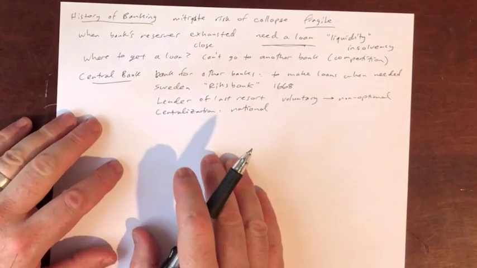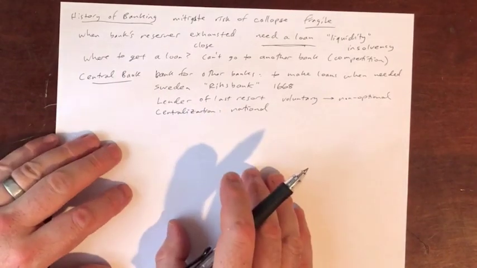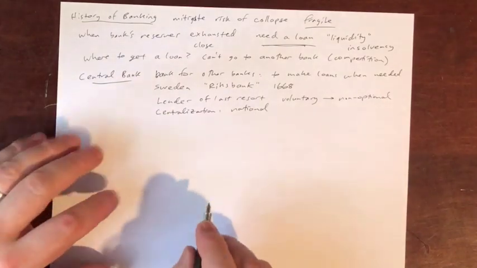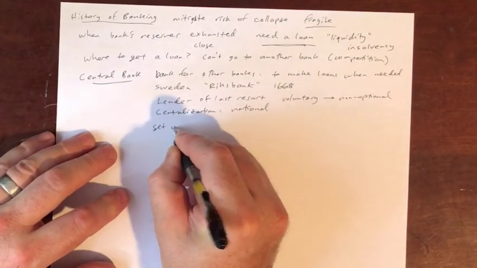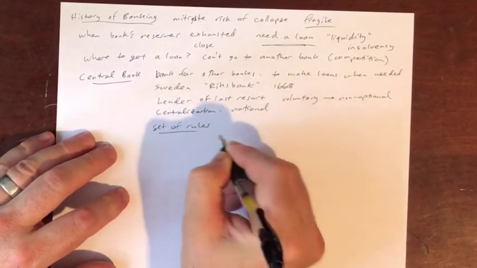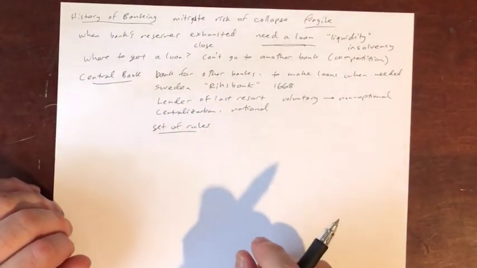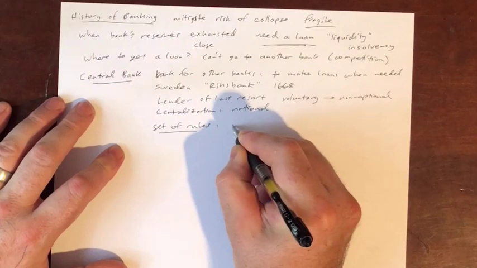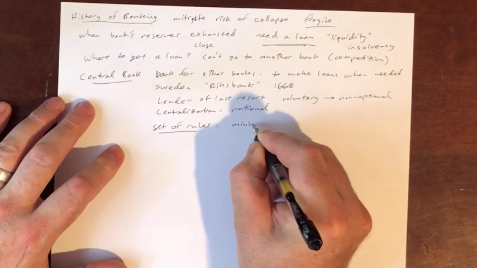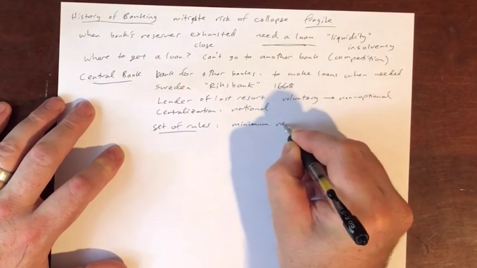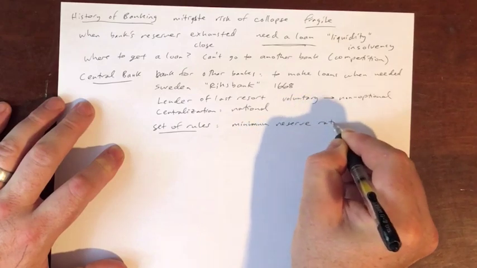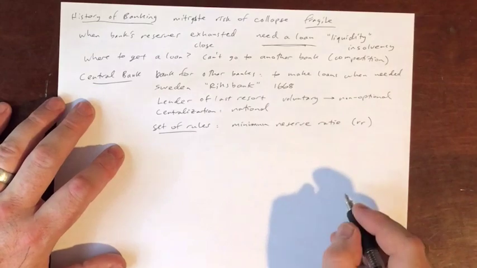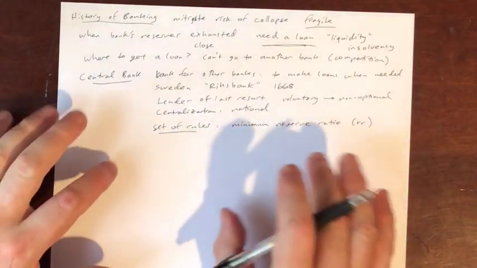As the central banks grow and develop, they develop a set of rules. There's a whole bunch of these, but the most important rule is they mandate that there has to be a minimum reserve ratio, a minimum RR.